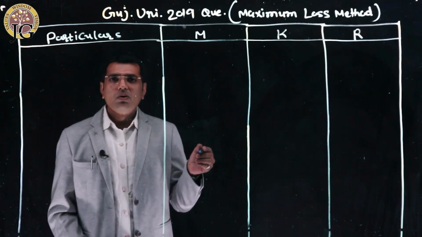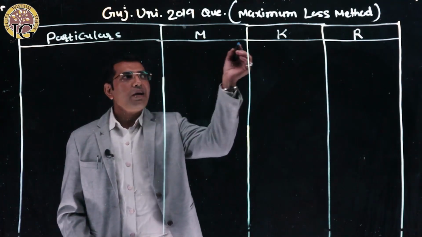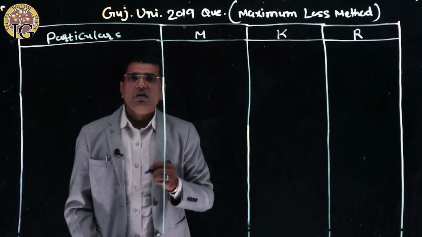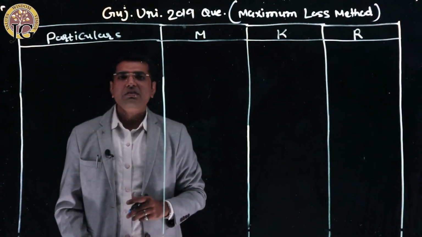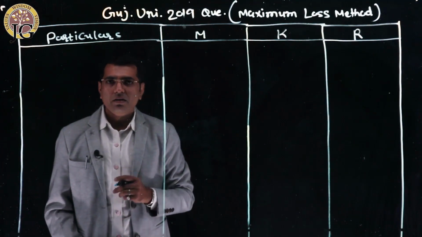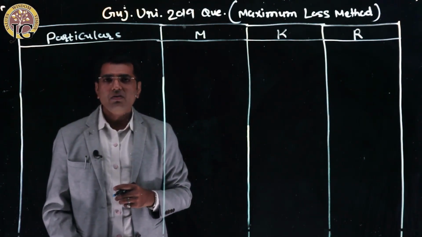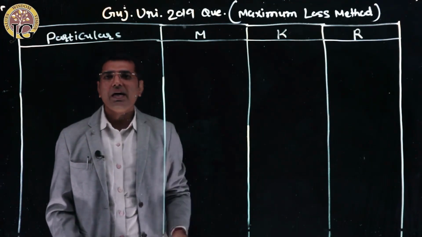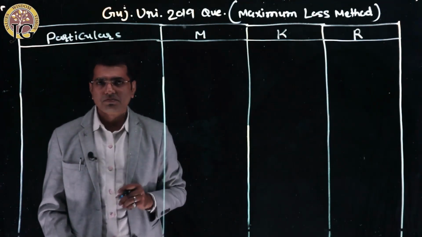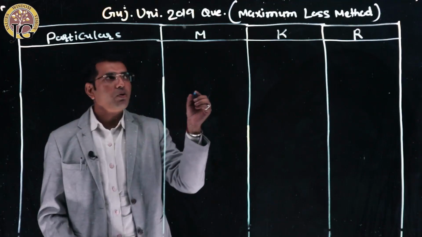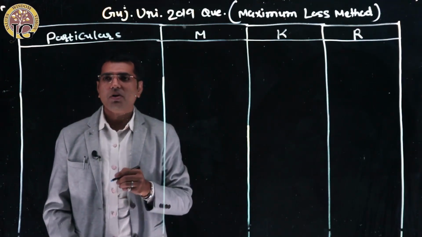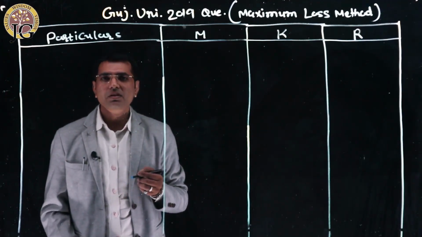I have prepared only 3 columns for the partners M, K and R because there are no liabilities given in the sum. If you see the sum, only capital accounts for the 3 partners M, K and R are given, right? So I have made only 3 columns for the statement of piecemeal distribution.